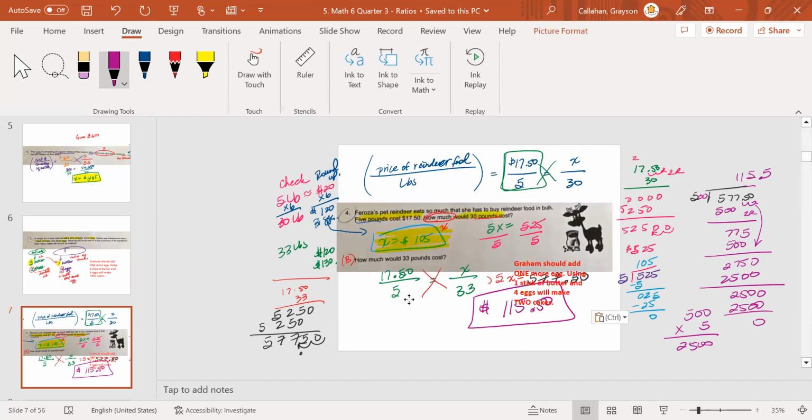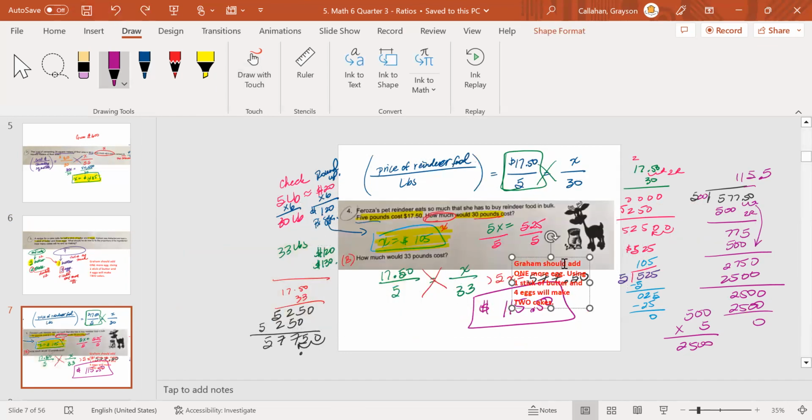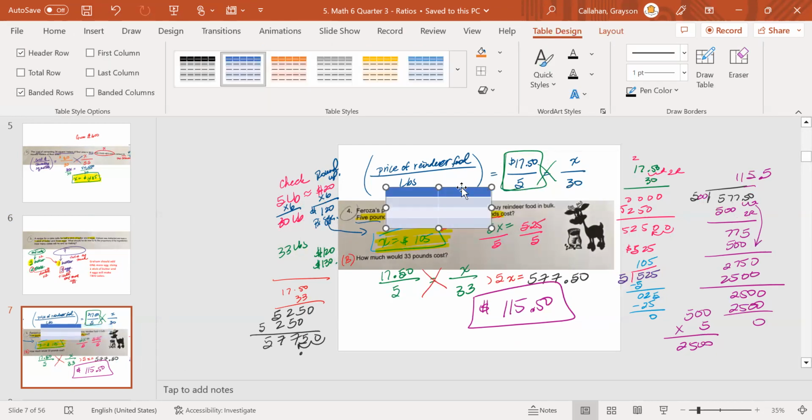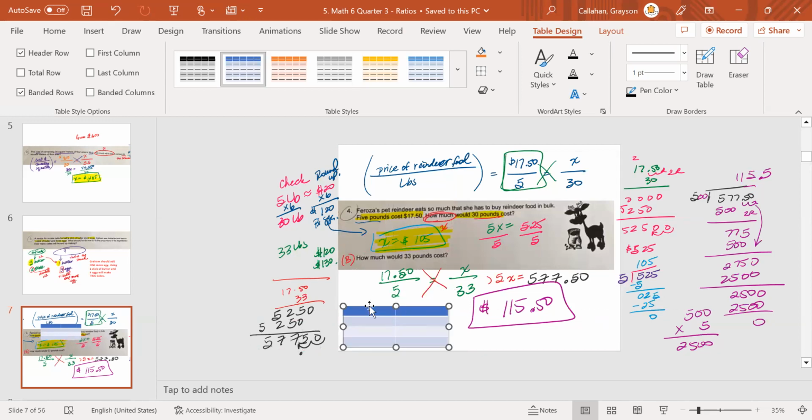I can just create a table. The first part of my table on top is going to be pounds of reindeer food, and on the right is cost of food, right?